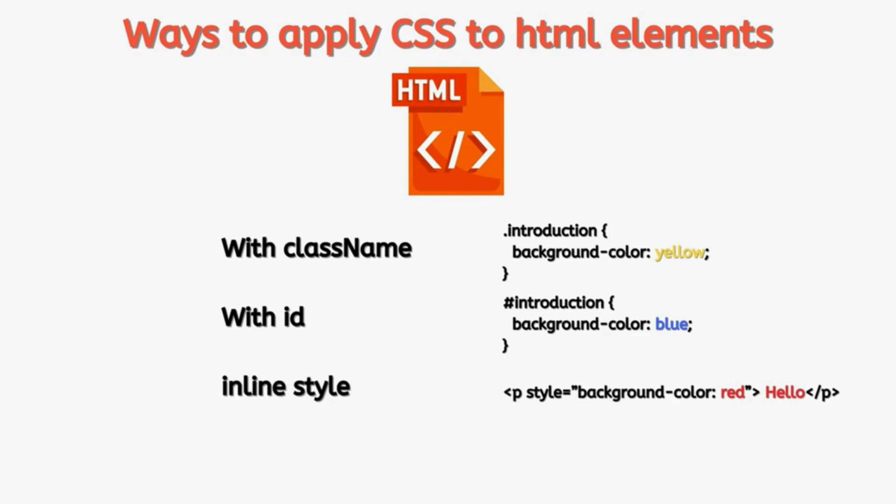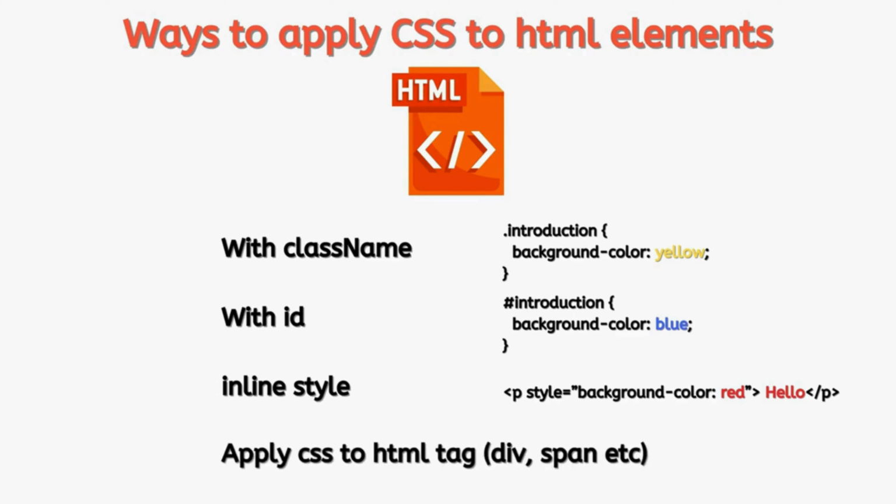Inline styles are applied just to that specific element where you use them, but this is not recommended. And we can even directly apply the CSS to HTML elements themselves instead of using any class or ID, like a div tag or span tag. Let's look at all these four in this video and write the CSS and understand.